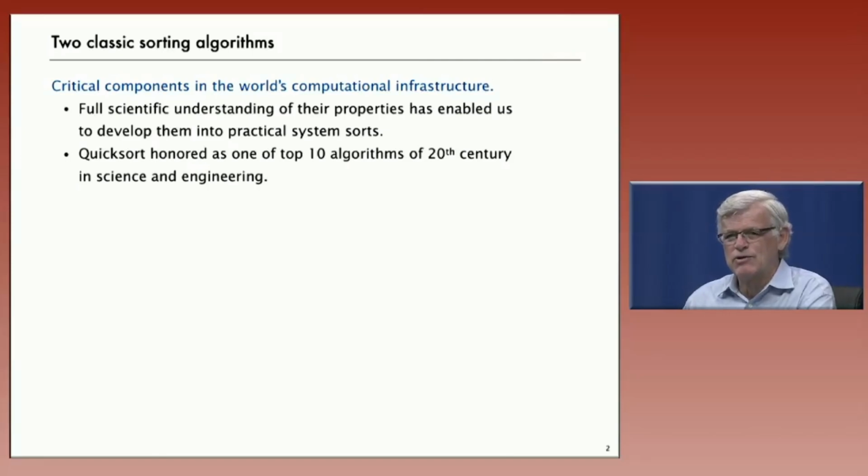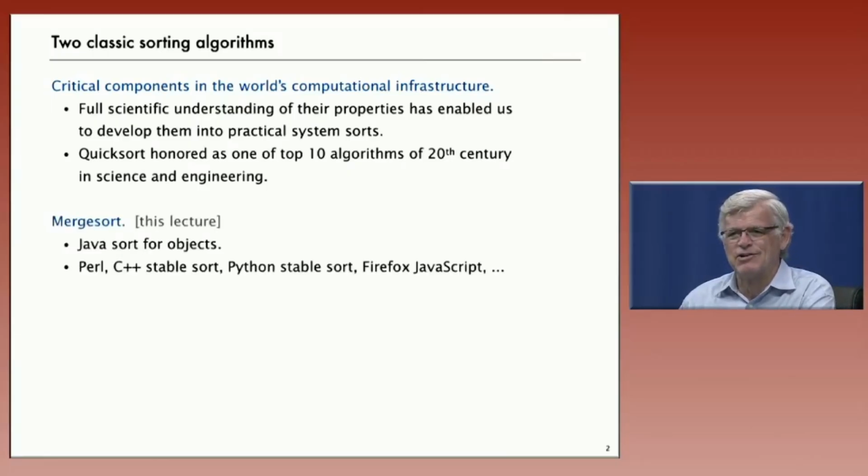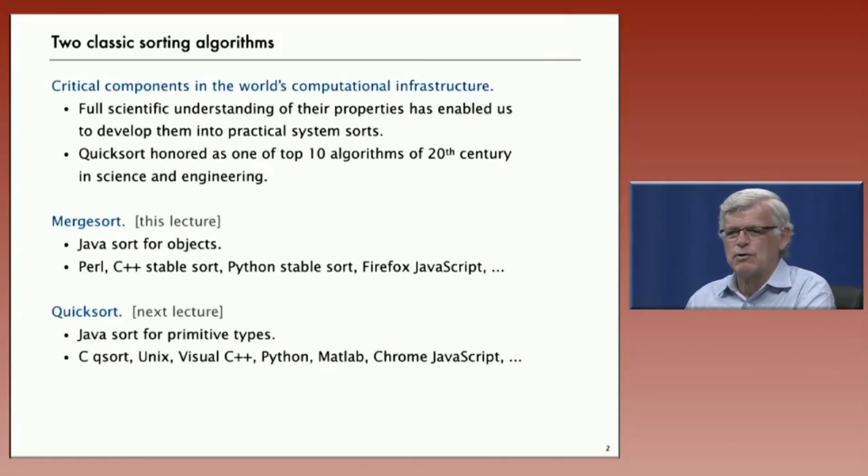In fact, Quicksort, which we'll consider next time, was honored as one of the top 10 algorithms of the 20th century in science and engineering. In this lecture, we're going to look at merge sort, which is the basic sort in plenty of different programming systems, including Java. Next time, we'll look at quicksort, which is also used in Java for different applications.